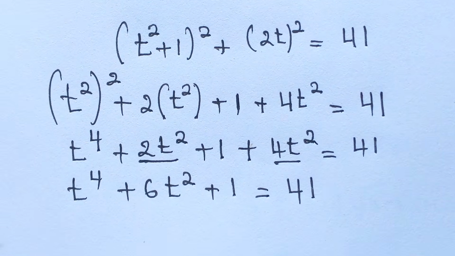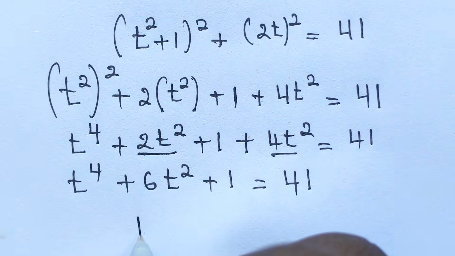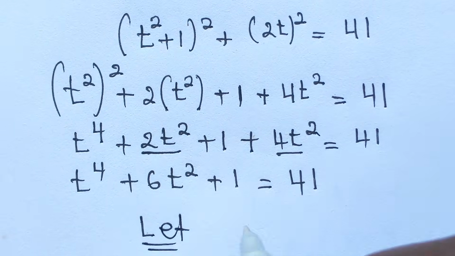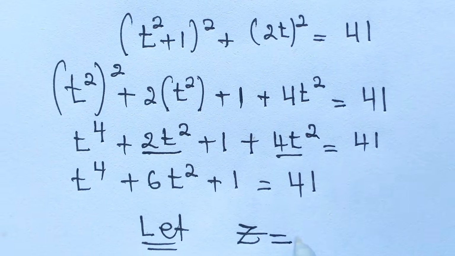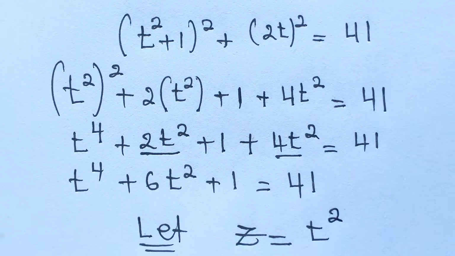At this stage we can write z equal to t squared.